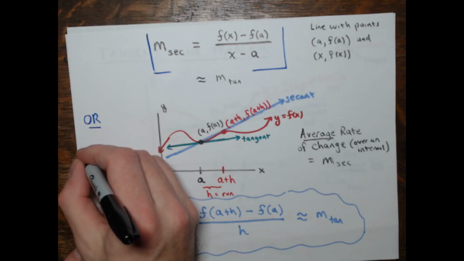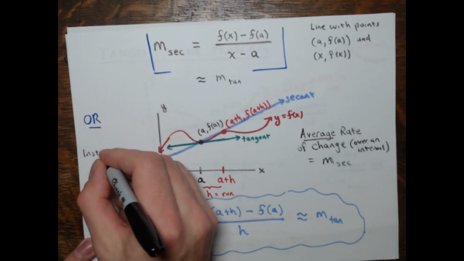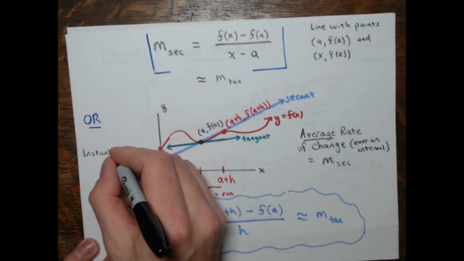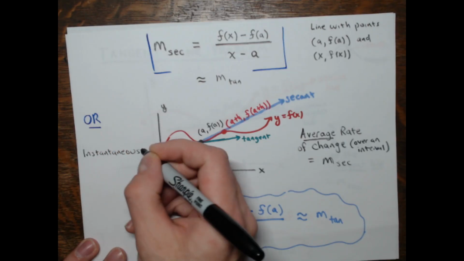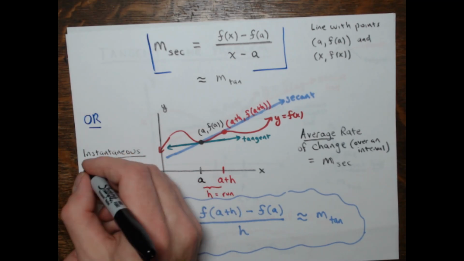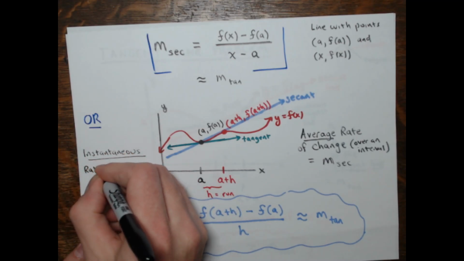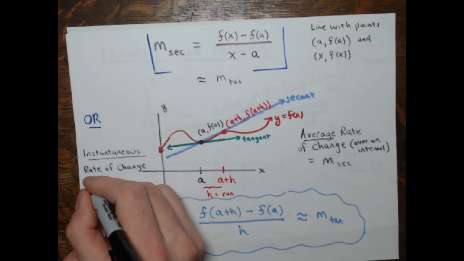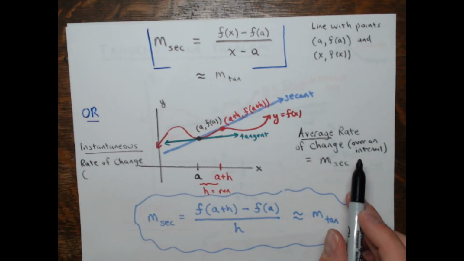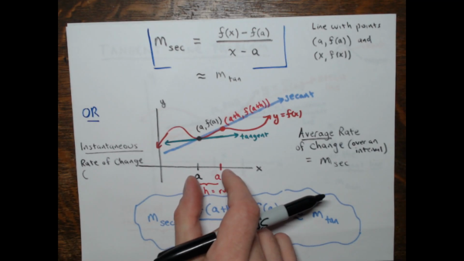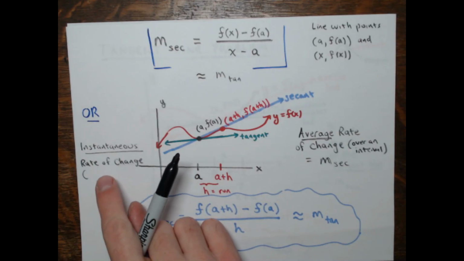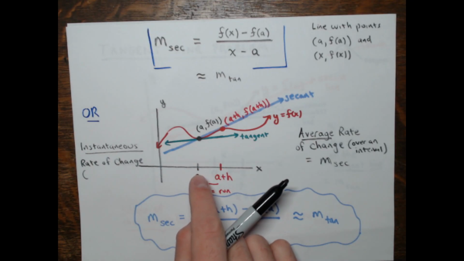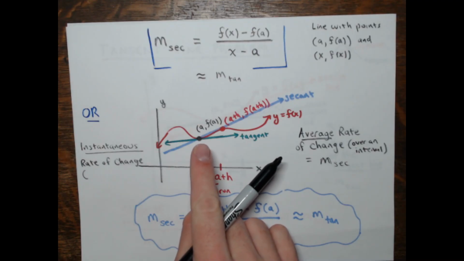Whereas the instantaneous rate of change of a function, this is what happens not over an interval, not over a big space of the x-axis, but what happens at one value, at a particular point.